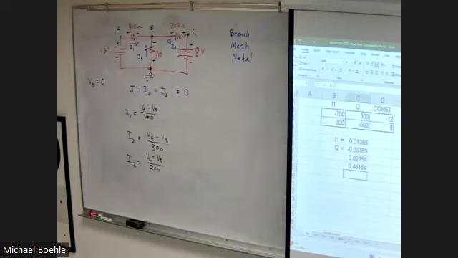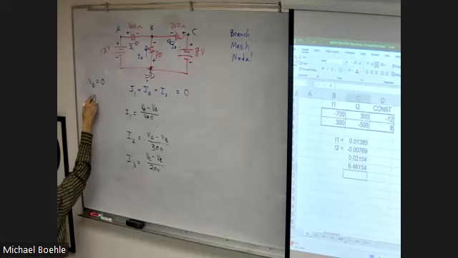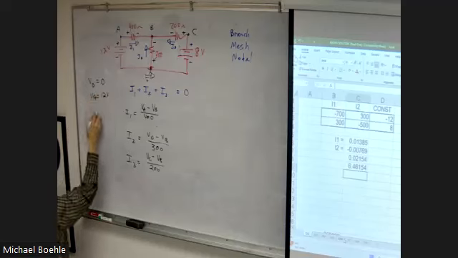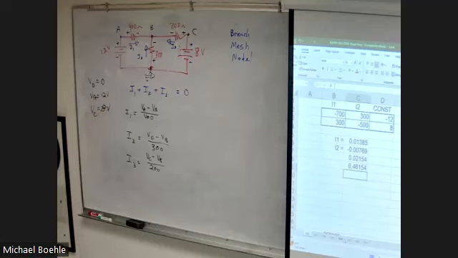So now this is one less unknown, right? Voltage at point A, 12 volts. What's the voltage at point C? 8 volts. There's another unknown gone. How many unknowns do I have left? One. So I'm going to end up with one equation, one unknown. So let's set that up.